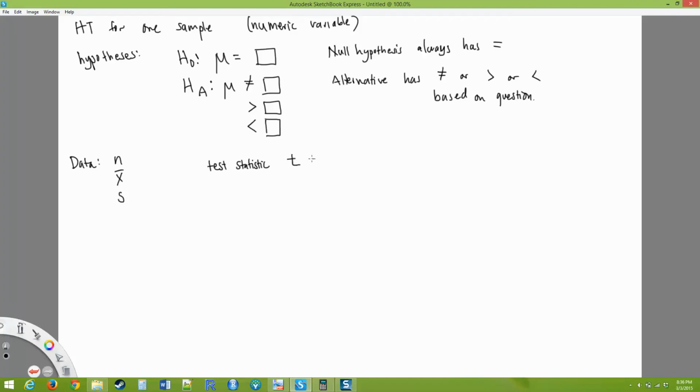T is equal to x bar minus mu 0, which is basically the box. Mu 0 is the value. Whatever number shows up in your hypotheses, that's mu 0, divided by the standard error.